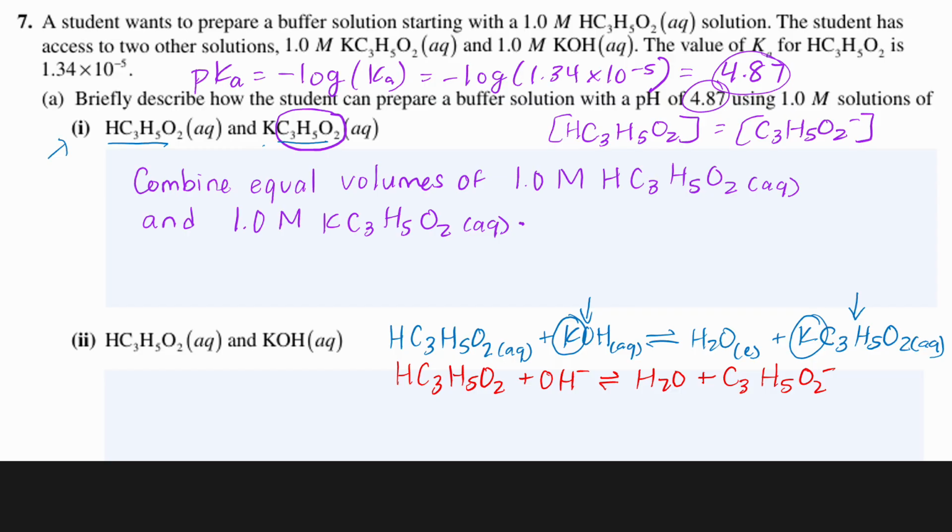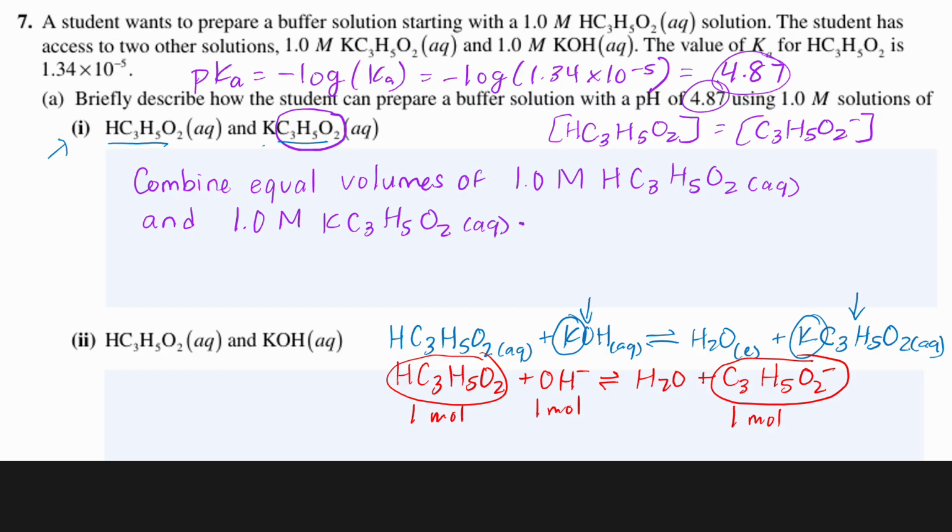All right, so why does this matter? We need to figure out how much potassium hydroxide we need so that when it neutralizes with propanoic acid, we're left over with equal concentrations of our weak acid and our conjugate base. Now, for ease of understanding, let's just say we're going to react 1 mole of each. So I have 1 mole of my strong base reacting with 1 mole of my weak acid to produce 1 mole of my conjugate base.